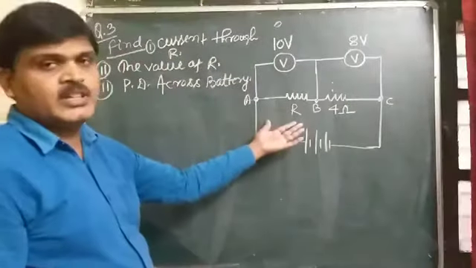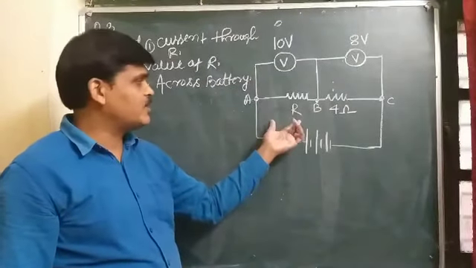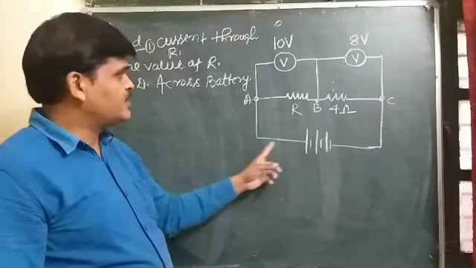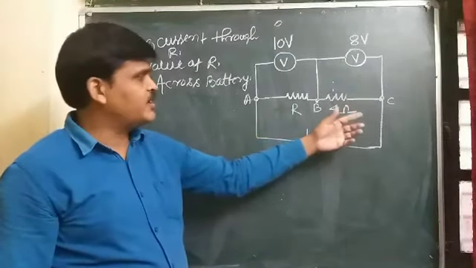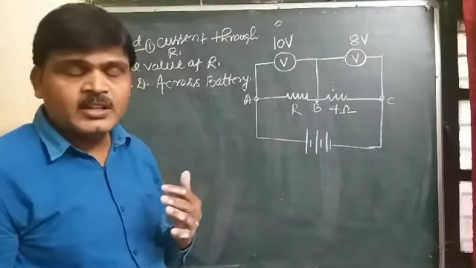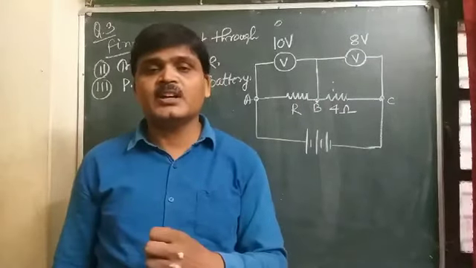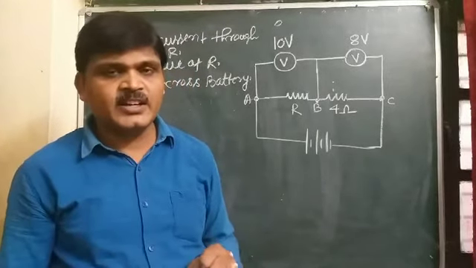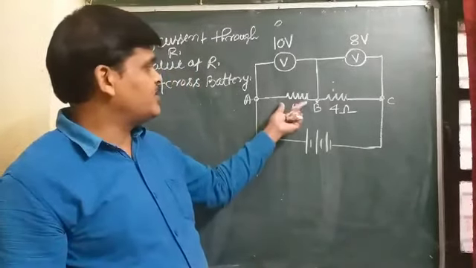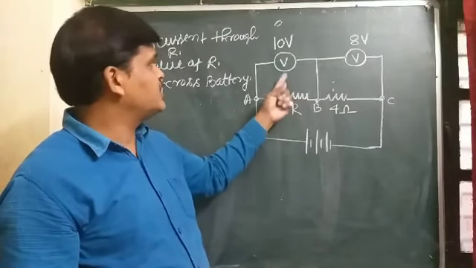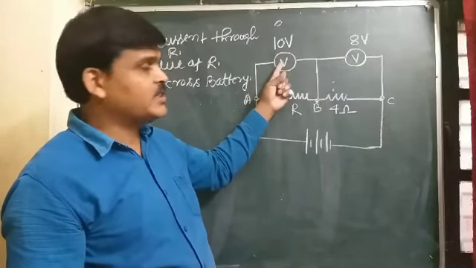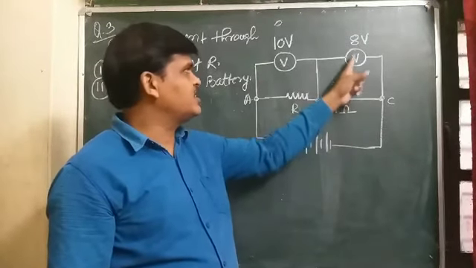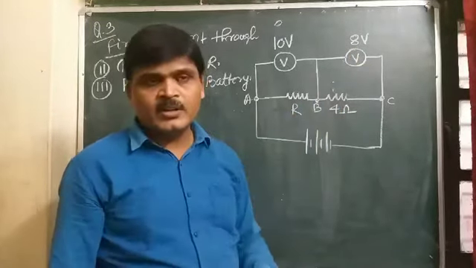So students, see the circuit diagram carefully. Here the battery sends current in this circuit, and I have already explained to you that a voltmeter is always connected in parallel in a circuit. So the potential difference across the 4 ohm resistance is 8 volt.